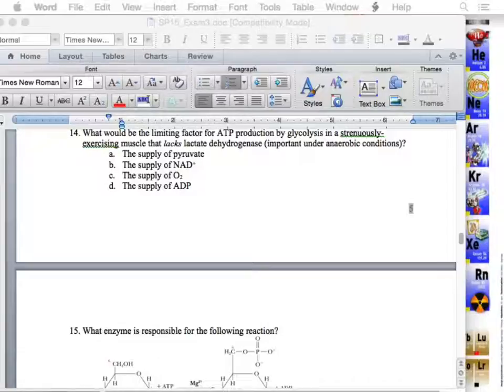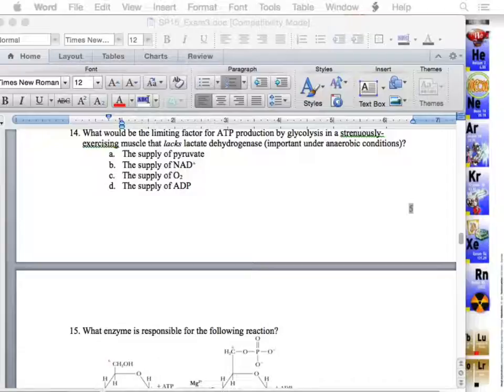No. So we need to produce energy as fast as possible. That means running glycolysis. To run glycolysis, we need to dump electrons out. That is our NADH. Our NAD+ needs to act as an electron acceptor so that we can process through that. If we don't have NAD+, glycolysis shuts down, and it shuts down early on, before we actually produce ATP.